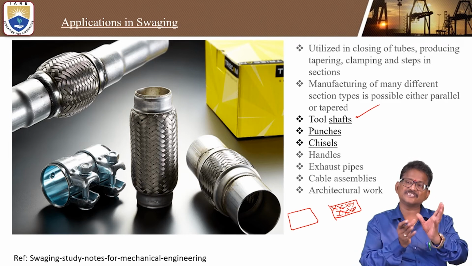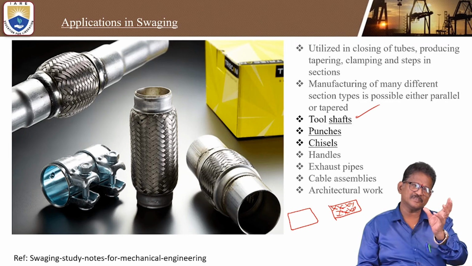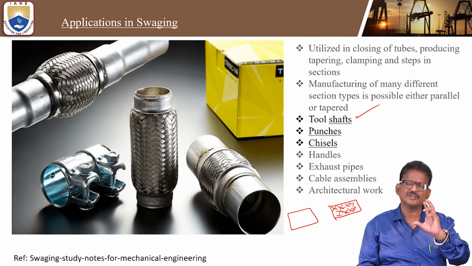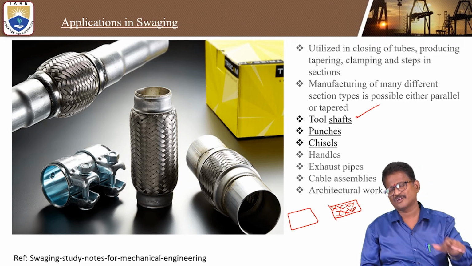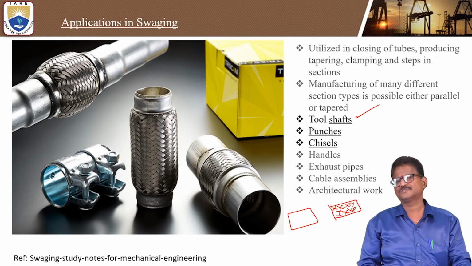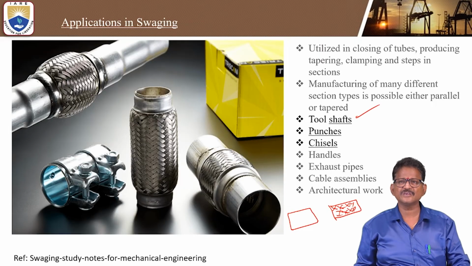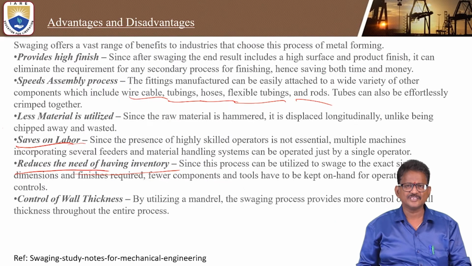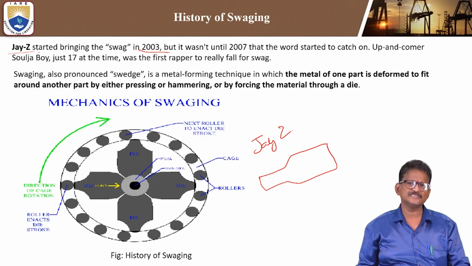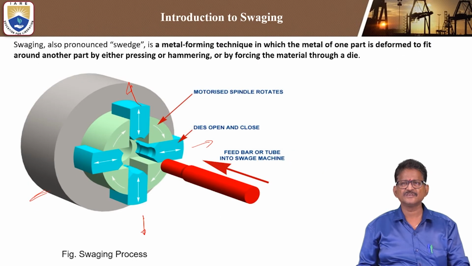And some architectural work, especially in civil industries, where they need architectural complexity of shapes, can also be performed in this swaging process. Okay, so this is about swaging, very important in the manufacturing process.